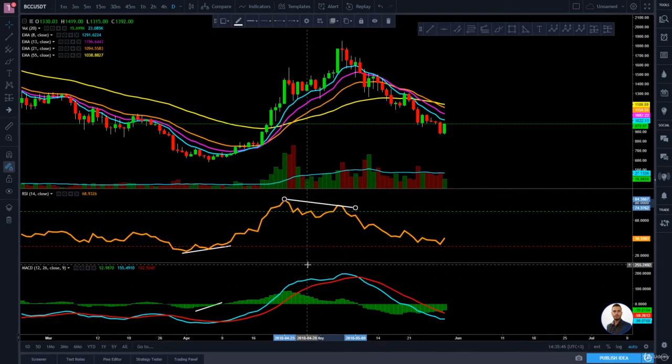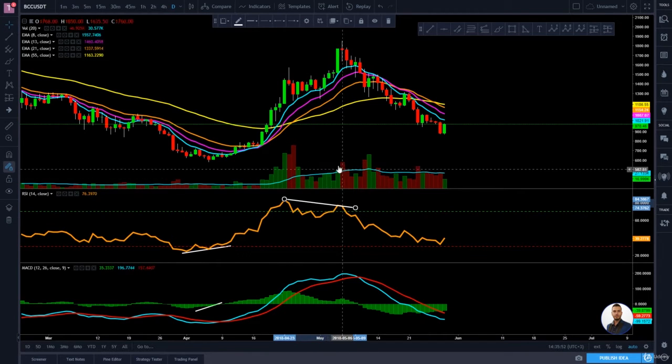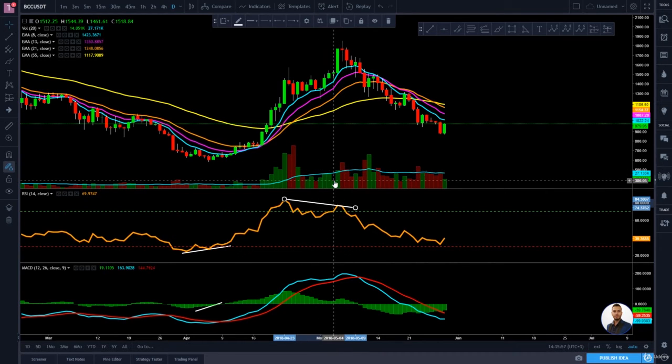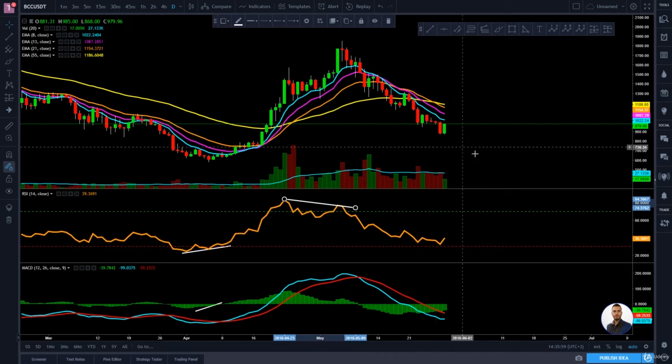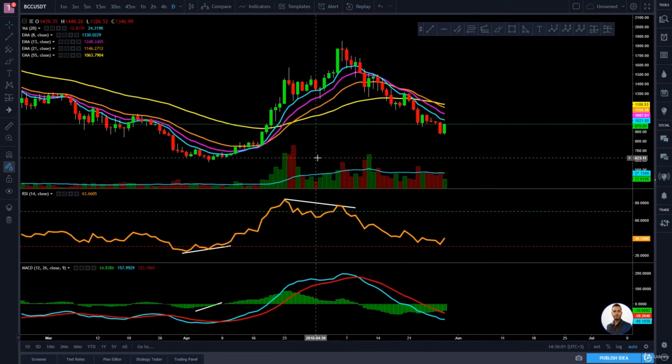So let's look for another one. Another reason to sell comes from the volume indicator, and we see it right here that the volume decreased heavily, and now we have three reasons to sell this coin and take profit. So let's see how much profit you would have made if you played this setup.